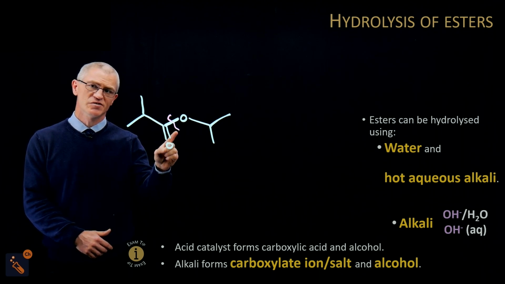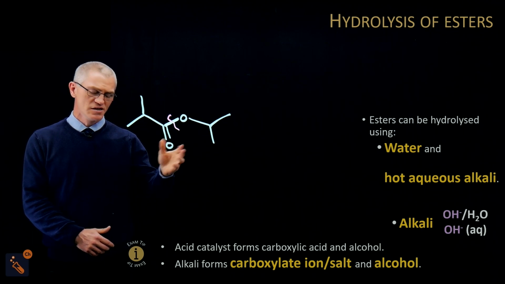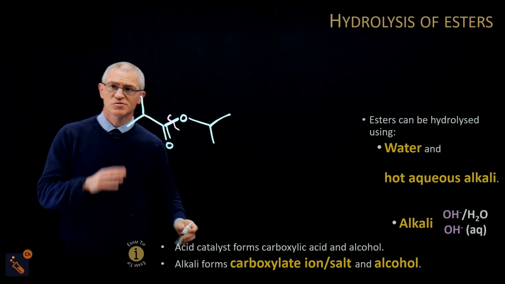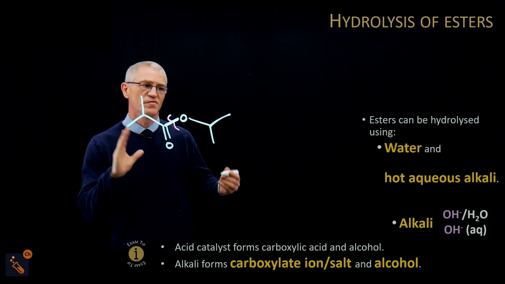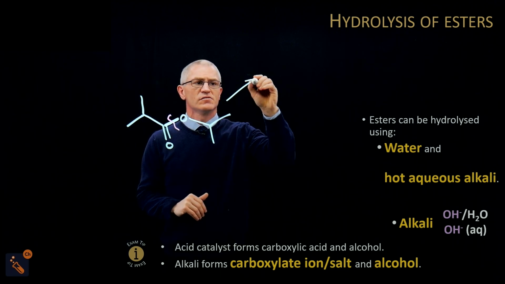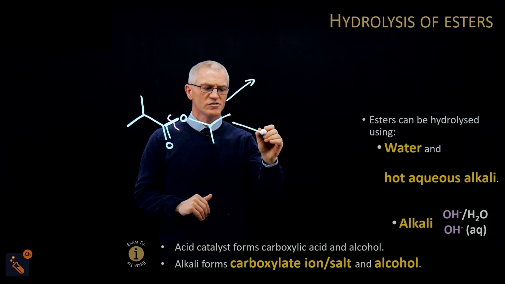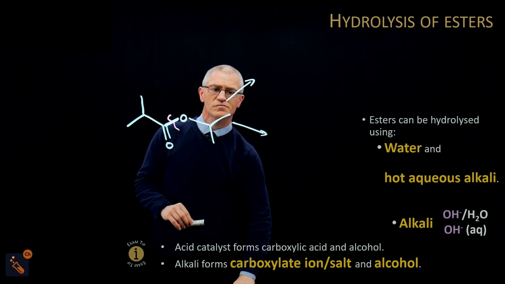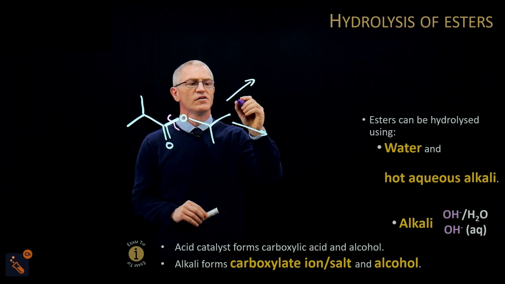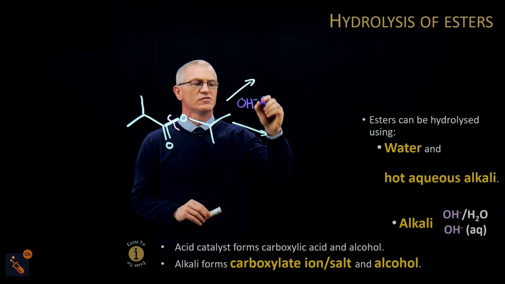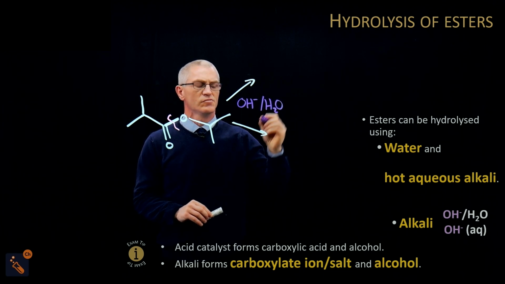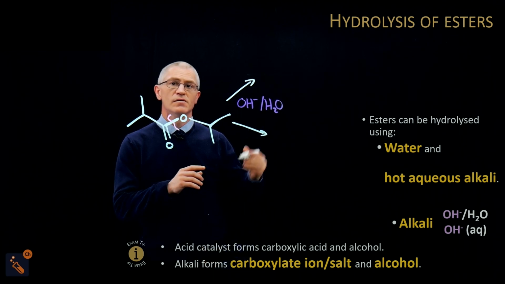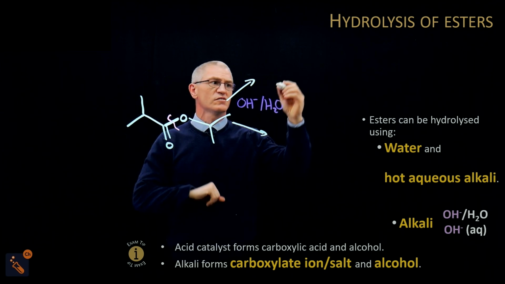Now I've drawn this line already down this ester bond, and I'm going to break it apart. So I'm doing exactly the same as I did before. So we have two products we're going to make, and we're going to have OH minus slash H2O.